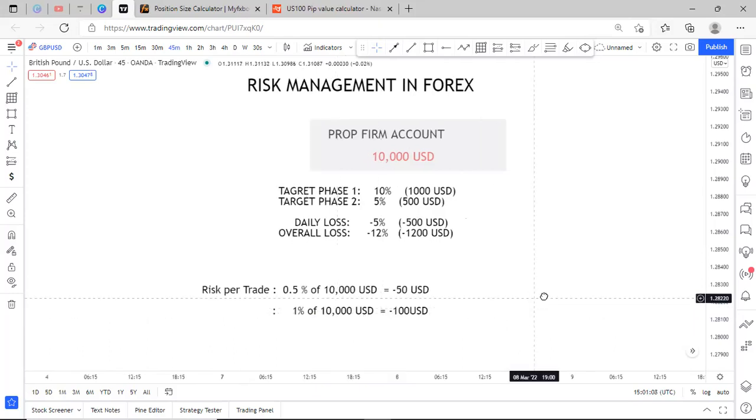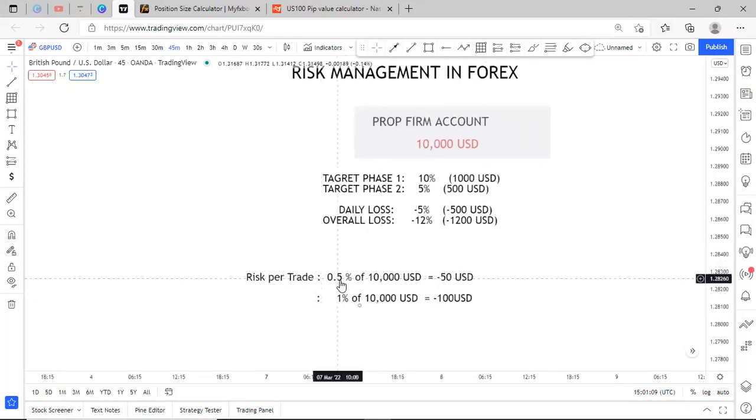Okay, so if you are risking 0.5% per trade, let's take, for example, we are having this 1,000 US dollar to make, and let's say in 2 weeks of starting this challenge account, you took a total of 10 trades, for example.